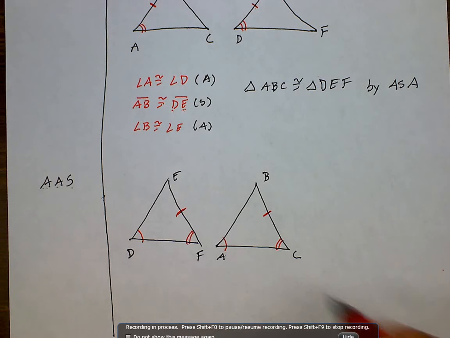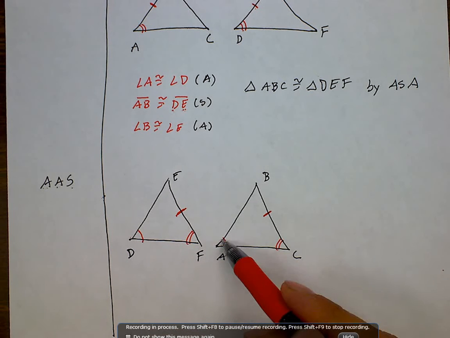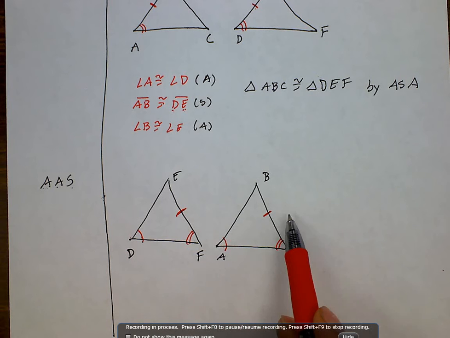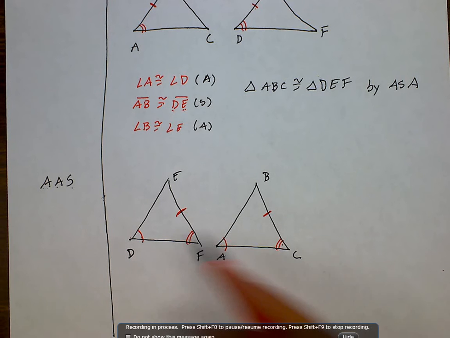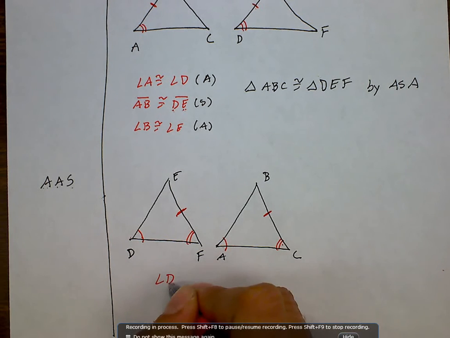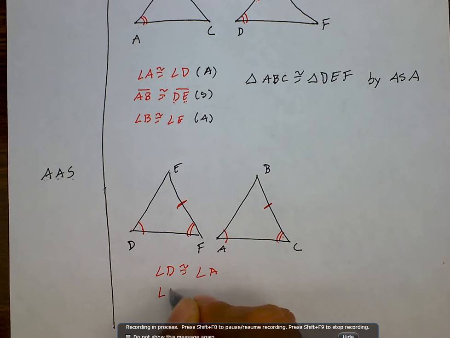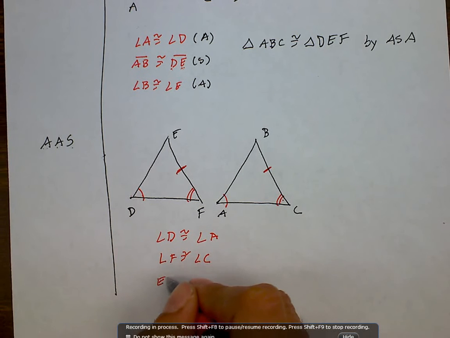I mean, you can also have that side and this side, but they have to follow this angle, angle, side without skipping anything. Okay, angle, angle, side. So just be careful. So we say angle D is congruent to angle A. Angle F is congruent to angle C. And finally, segment EF is congruent to segment BC.